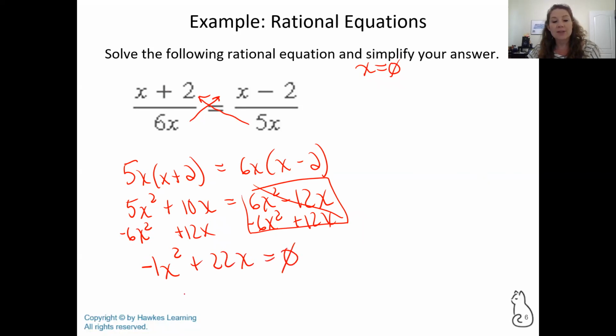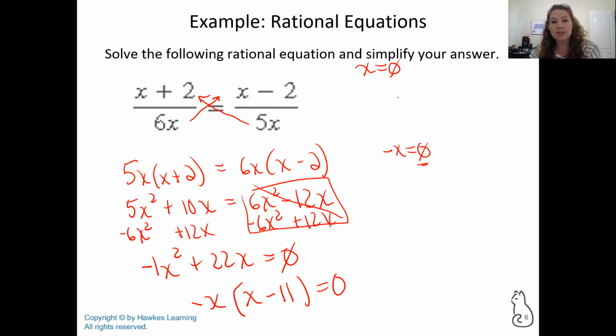Once again, I'm going to factor out a negative x, and I'm going to find that I get x minus 11 equals 0. So one of my restrictions, negative x cannot equal 0.